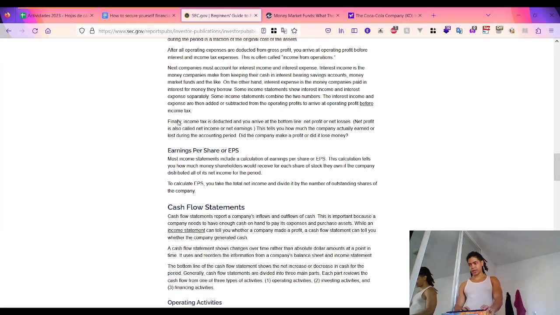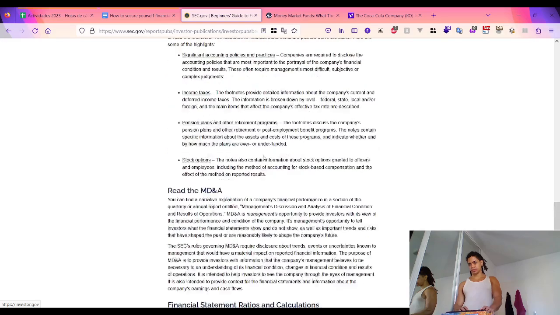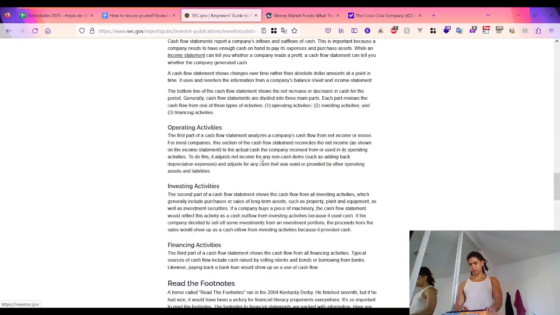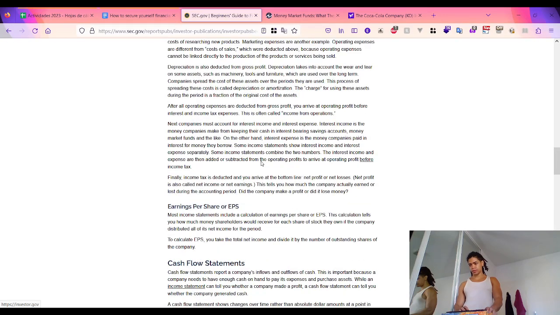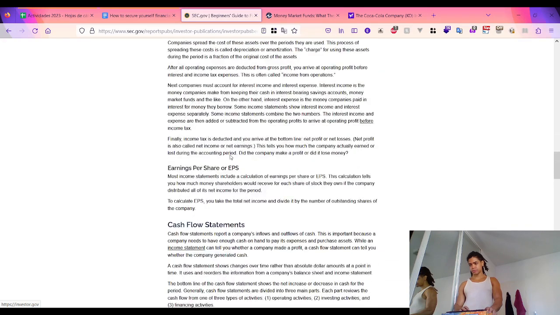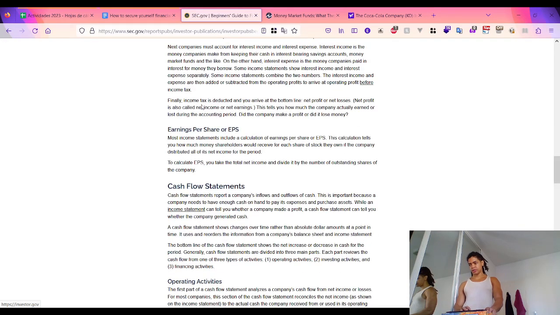And then finally the income tax is deducted and you arrive at the bottom line, net profit or net loss.